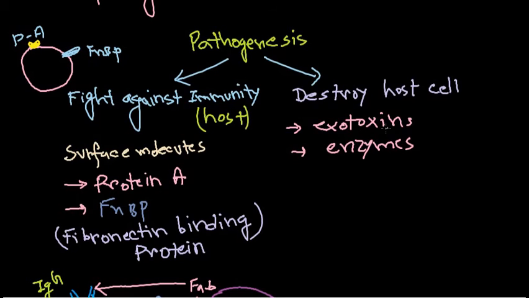Now the exotoxins are majorly of two different types. One is the cytolytic toxin, which will directly rupture the host cell. And the second type is the immune toxin, another kind of toxin. So let me distinguish these two parts.